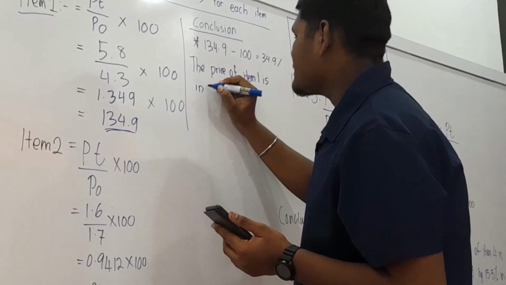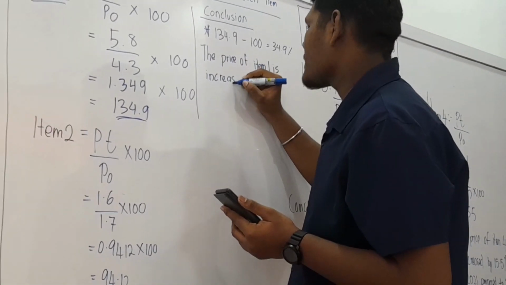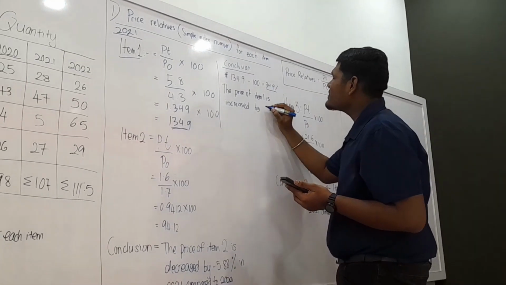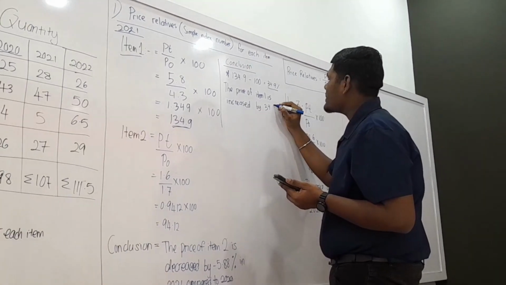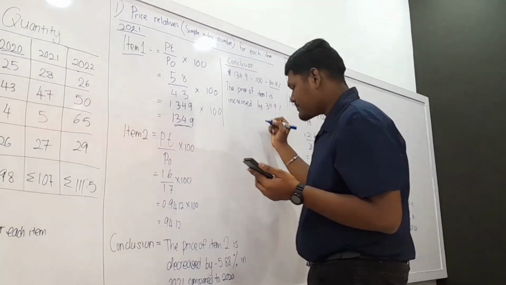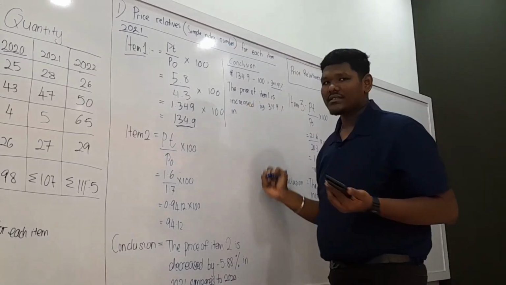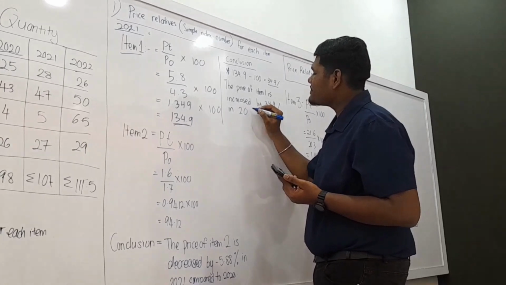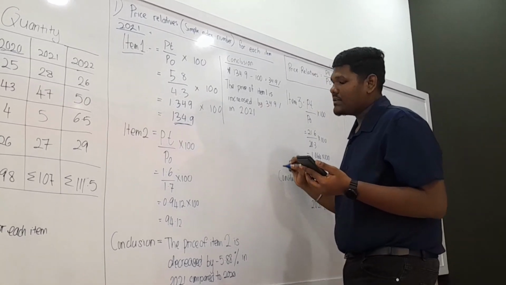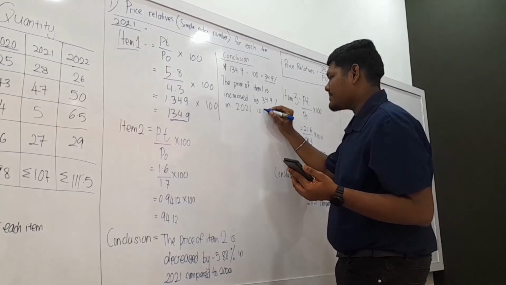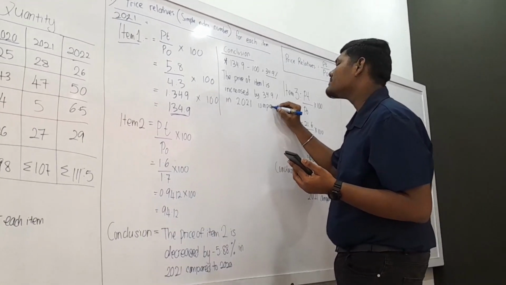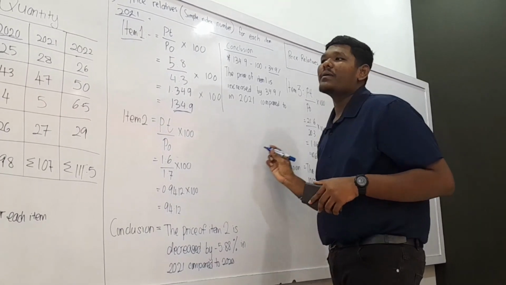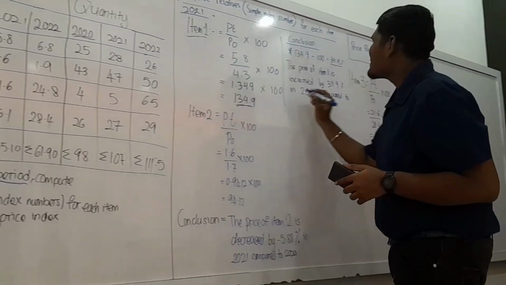The price of item 1 is increased by 34.9% in this year, 2021, compared to the base year, 2020.